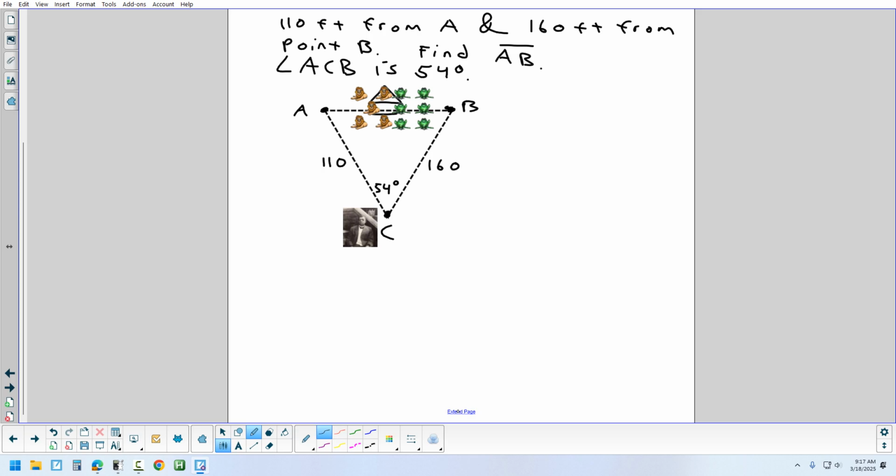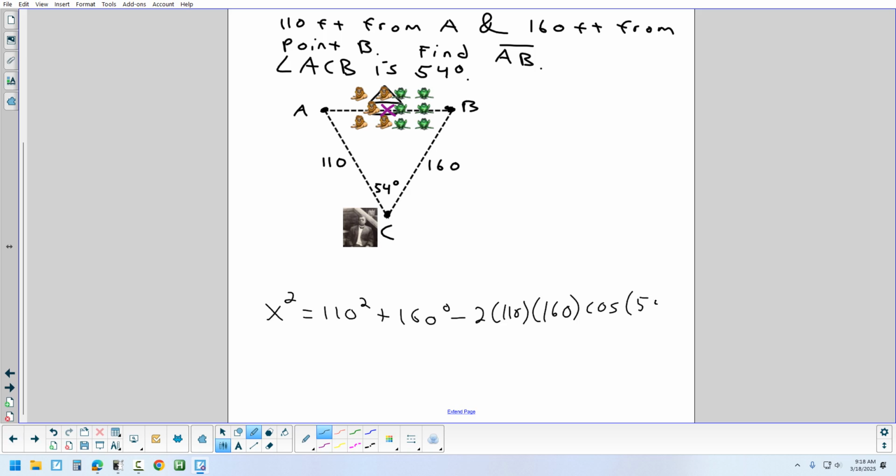Okay, let's call this side up here x. All right, so let's start out with x squared equals, and what would come right after that if I'm going to set this up with the law of cosines, using these numbers? x squared equals 110 squared plus 160 squared, minus 2 times 110 times 160, times cosine of 54.